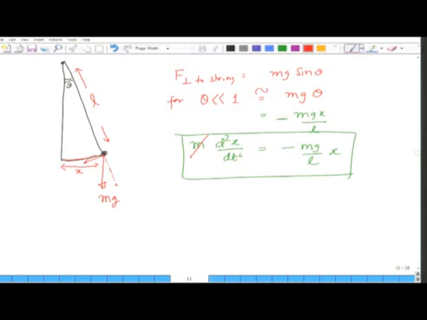I will cancel m from both sides and I get d2x over dt square equals minus g over L x. This is the equation for simple harmonic motion. Notice that this is simple harmonic motion only under the approximation that theta is much less than 1, or the displacement x is much less than L.